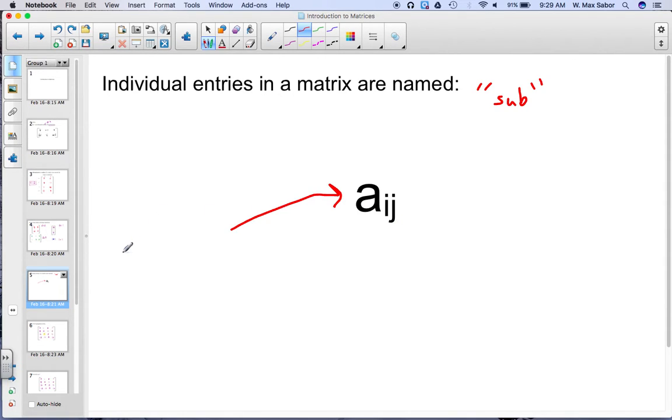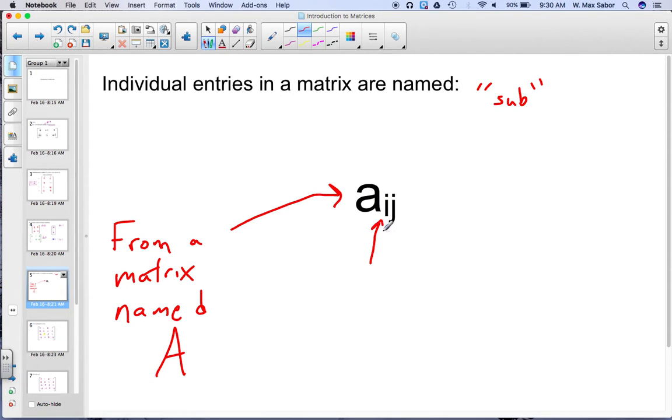A comes from the fact that it's from a matrix named capital A. So typically the whole matrix will be named by a capital letter. Each individual entry will be referred to by the corresponding lowercase letter. The i stands for the row number, and the j stands for the column number.